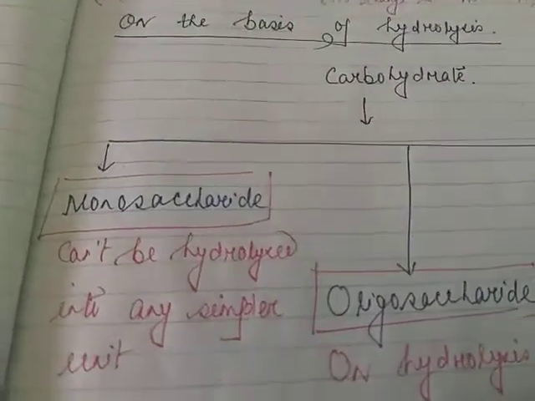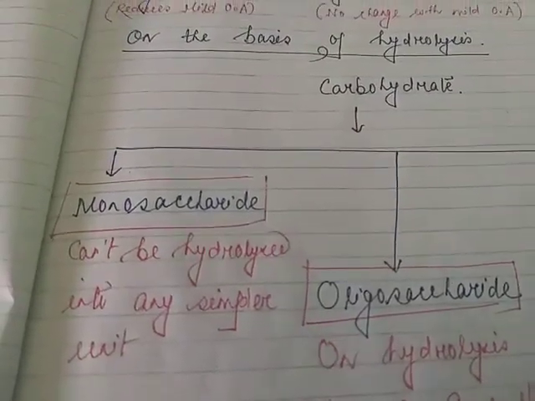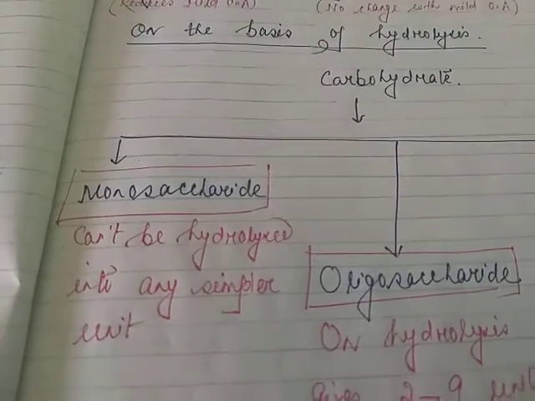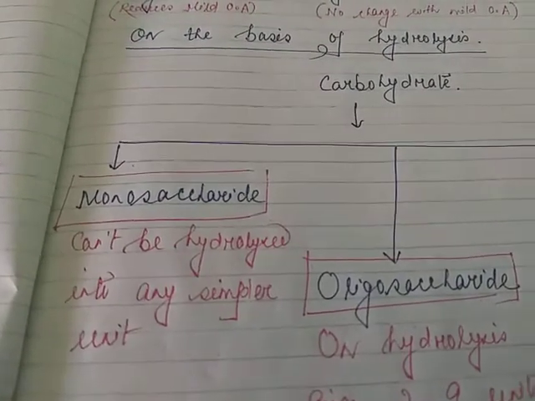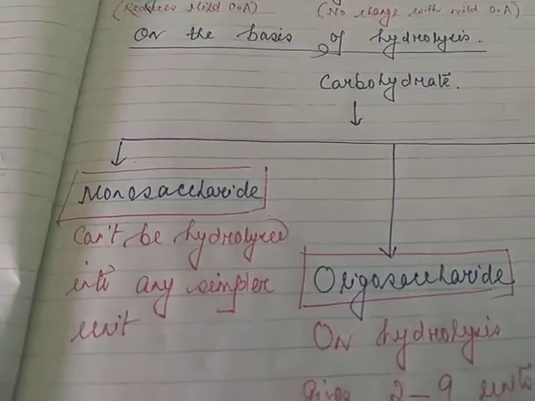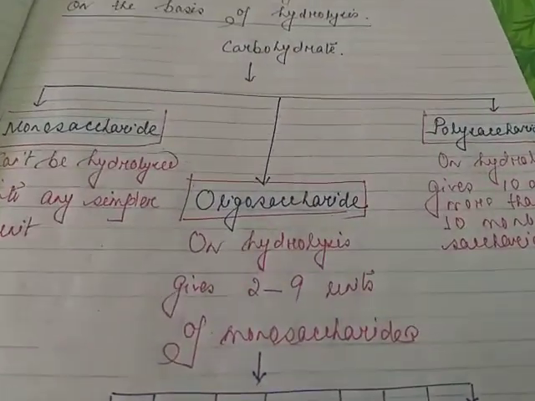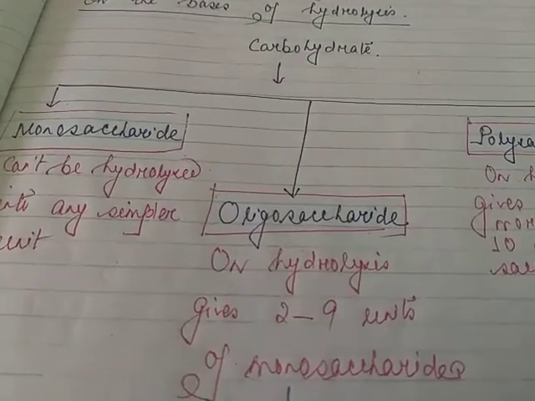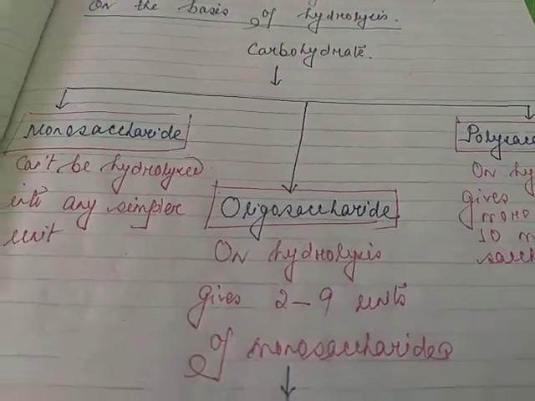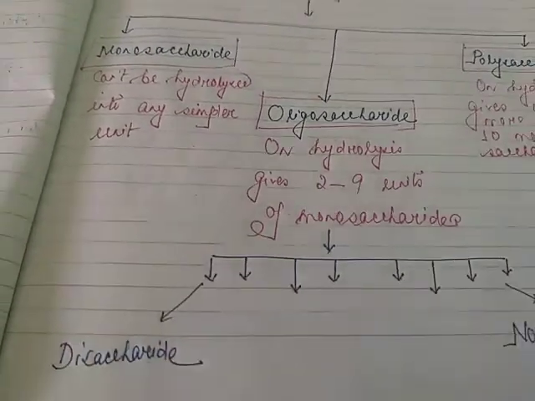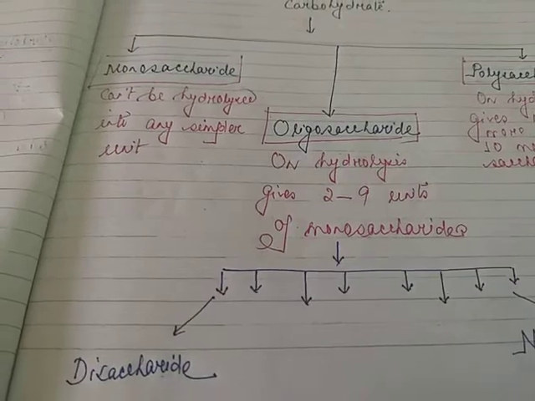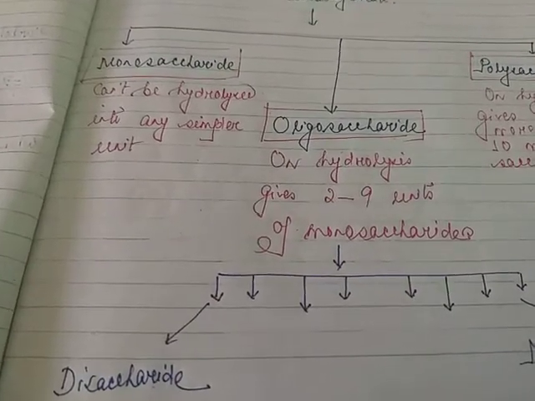Monosaccharides cannot be hydrolyzed into any simpler units further. For example, C6H12O6 cannot be further hydrolyzed, while oligosaccharides on hydrolysis give 2 to 9 units of monosaccharide. If 2 units of monosaccharides are produced after hydrolysis of an oligosaccharide, it is called a disaccharide.